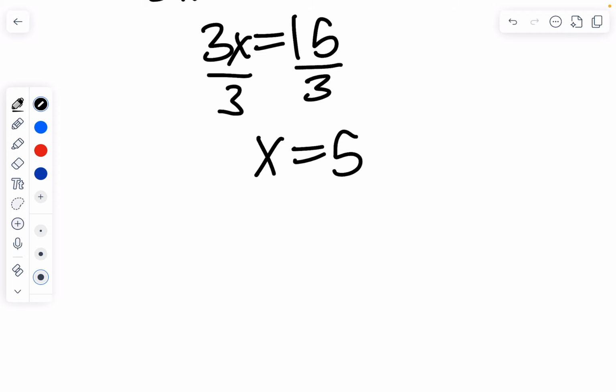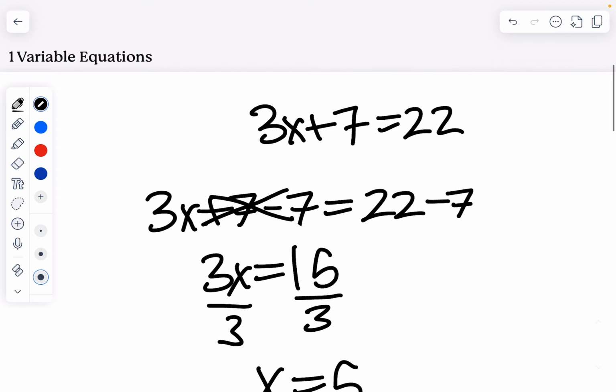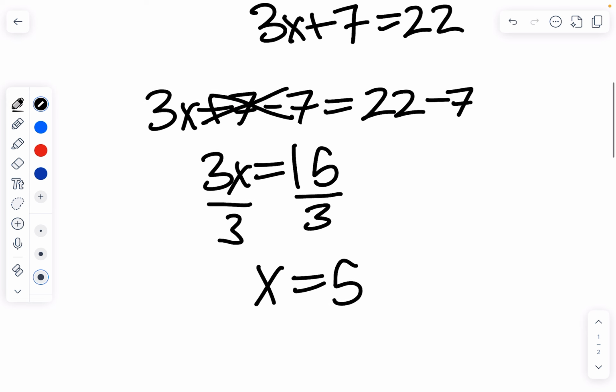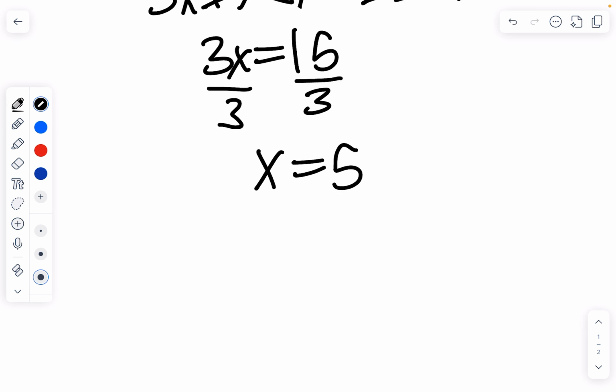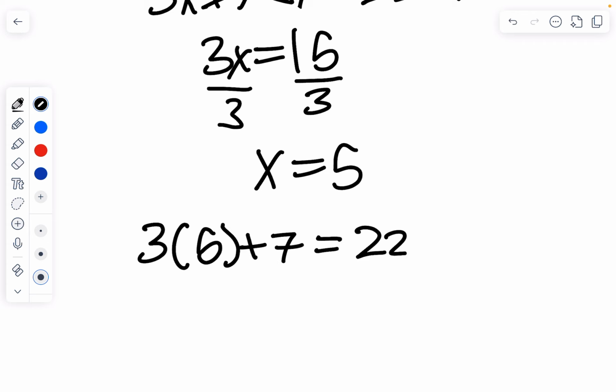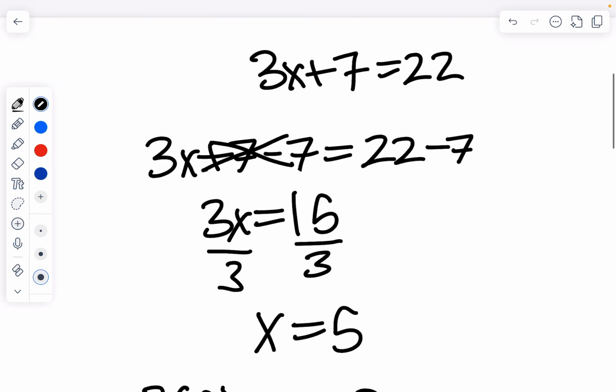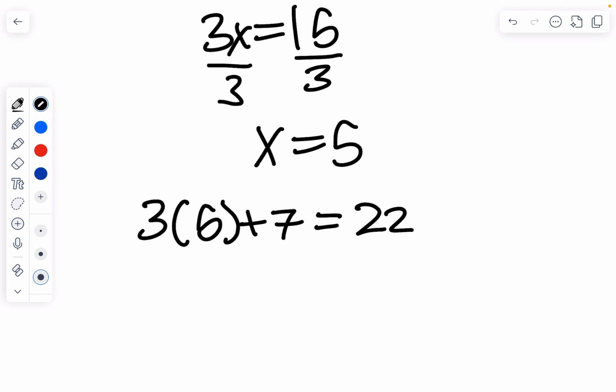So it's best to try and plug it back in. So let's take our 5 and plug it back into 3x plus 7. So that's 3 times 5 plus 7 is equal to 22. So then we have to solve 3 times 5 plus 7.